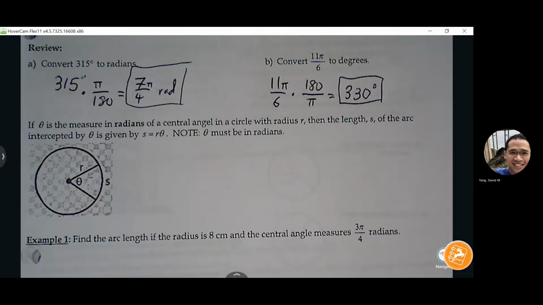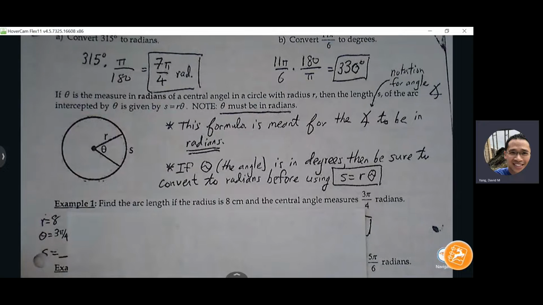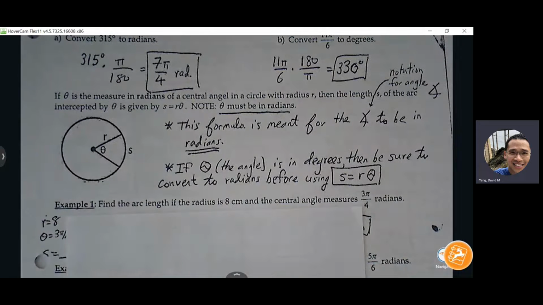Okay. Next up. We're going to talk about arc length. So arc length is if I were able to take the distance around any part of my circle, and if I were able to take that string and put it against a ruler, what would be the length of that distance?